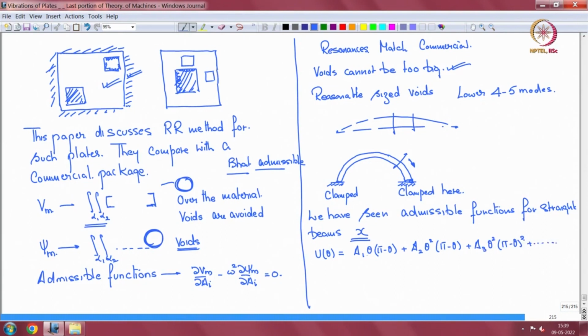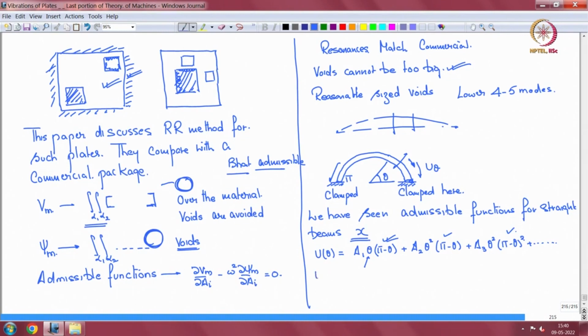Okay, so at theta equal to 0 and pi, this goes to 0. u theta is the in plane motion. Let us say we measure theta from here, theta equal to 0 and pi. So at theta equal to 0 and pi, these functions go to zero. So u theta movement is arrested.